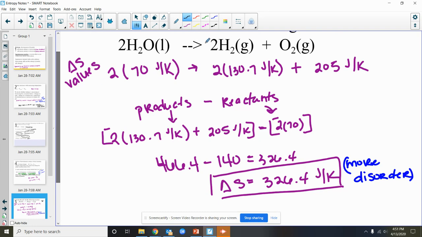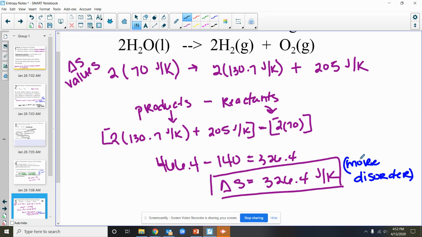So you're going to take these values, products minus reactants, just like we did before. I take my 2 times 130.7 and add that to 205. There's my product side, and I get 466.4. Then 2 times 70 gives 140, and I subtract those. I get 326.4, so my delta S is positive.